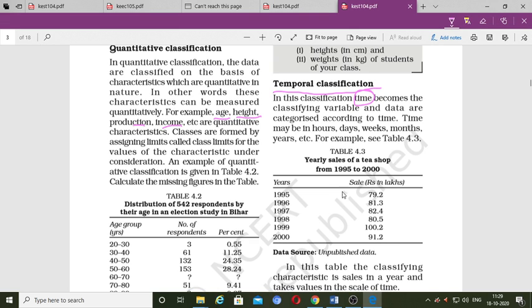In fact, we show the data in hours, days, weeks, months, etc. You can write this table as an example. This table shows sales in lakhs in different years, starting from 1995 to 2000. This is temporal classification, in which we classify data according to time.